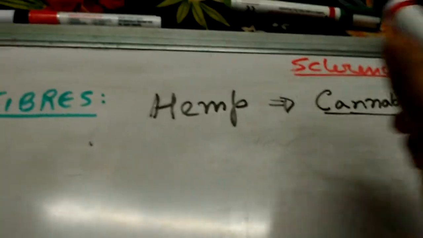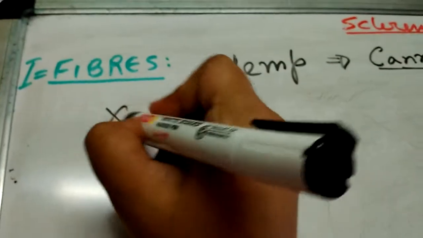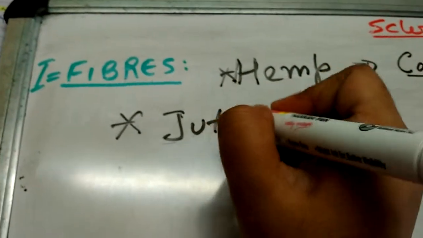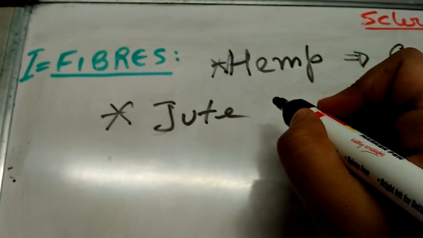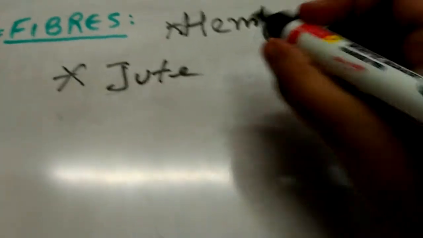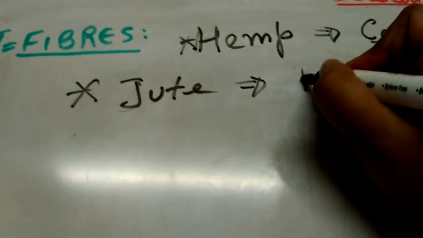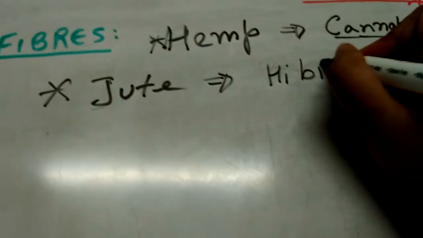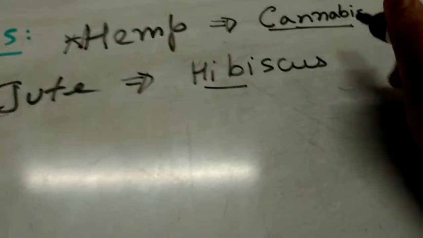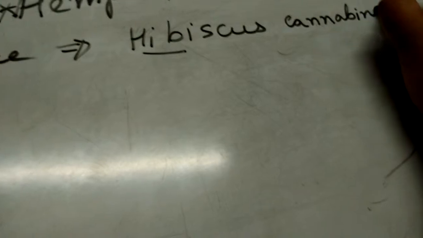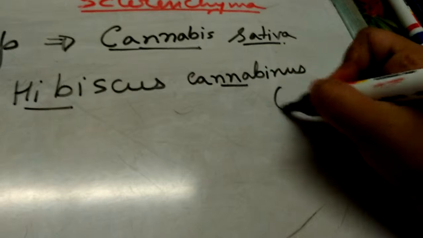Also we get jute from Hibiscus cannabinus, or Madras hemp.